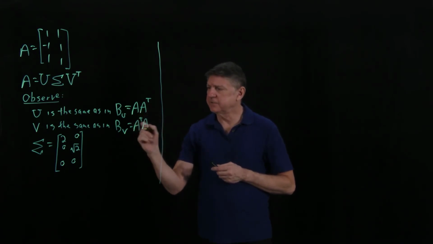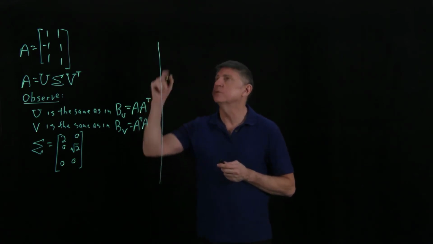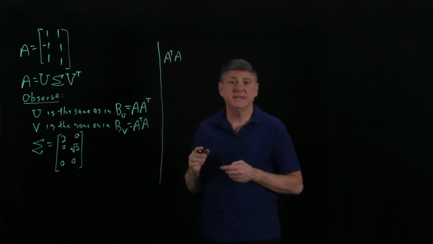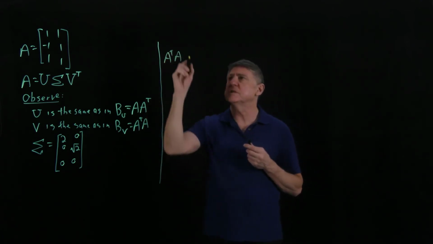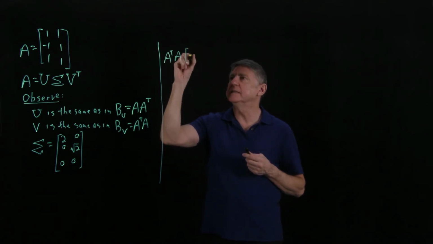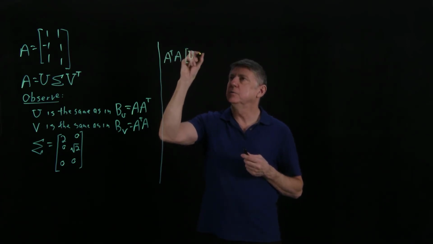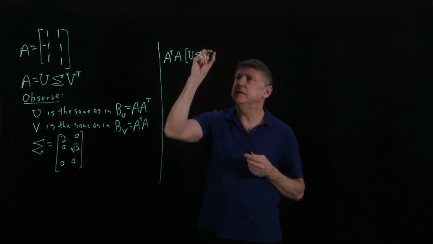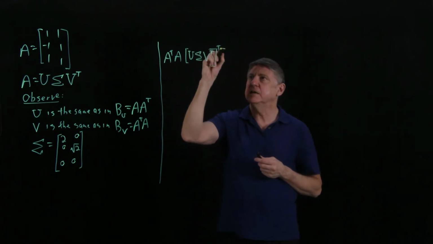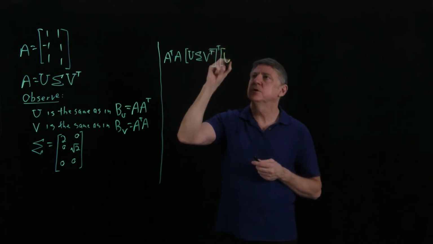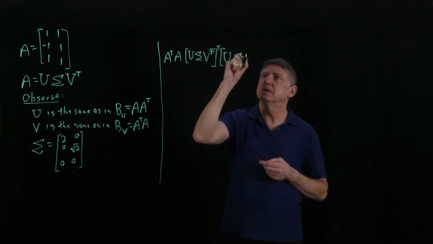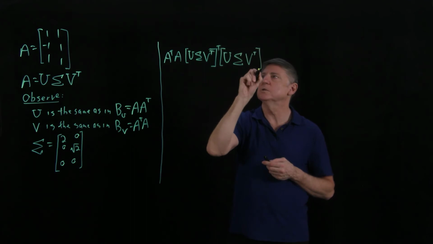Let's take the left transpose, which is the one that we introduced first. So A transpose A, using the singular value decomposition, I can now expand. A transpose is U sigma V transpose, and that whole thing is transposed, and then A is U sigma V transpose.